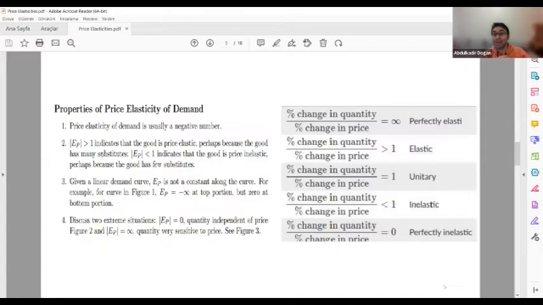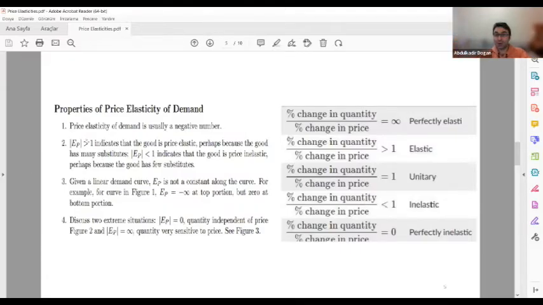I can drink Coke, I can drink fruit juice, I can drink tea, but water does not have a substitute. You can't get satisfaction from water by consuming something else. You should consume water. It doesn't have a substitute, but tea has a substitute. You can consume coffee instead of tea.